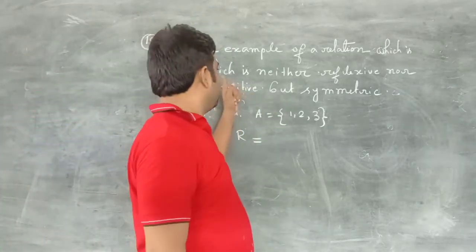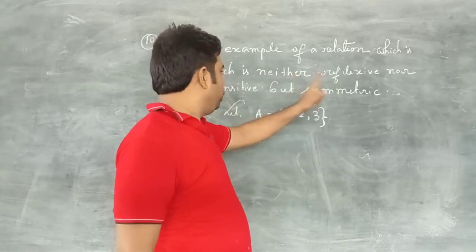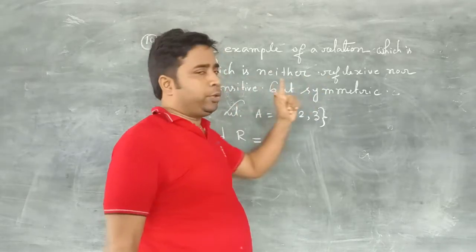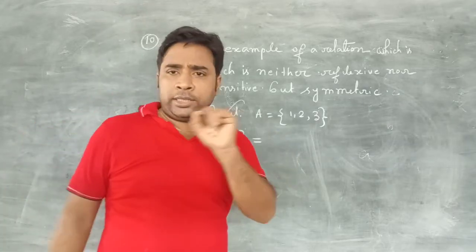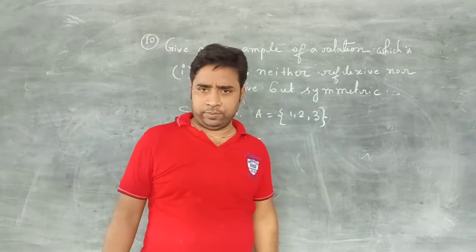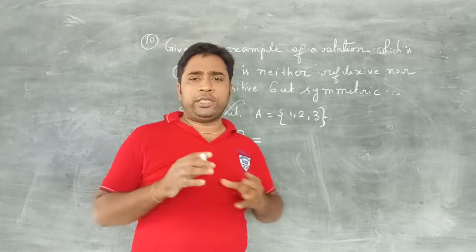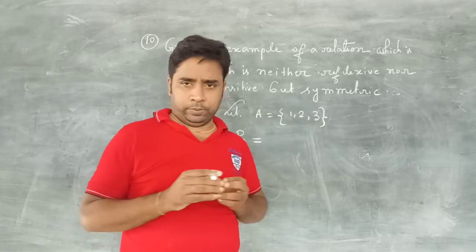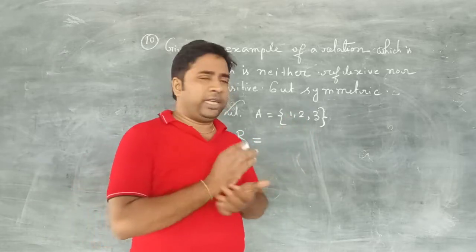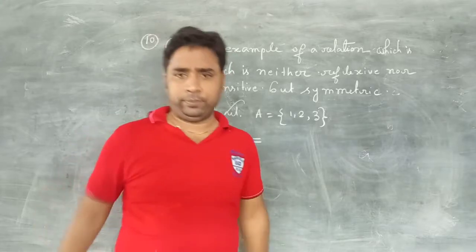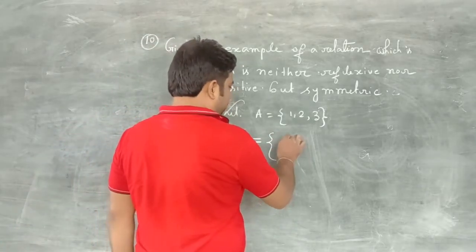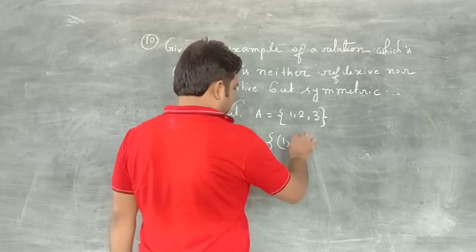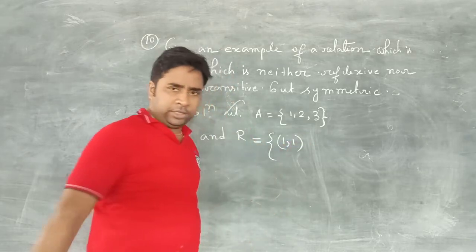It should be neither reflexive nor transitive, but it should be a symmetric relation. What is the definition of reflexivity? The definition of reflexivity is that the doublets of all the elements of the set A are in R. So if you consider, suppose, (1, 1), it is not a reflexive relation.